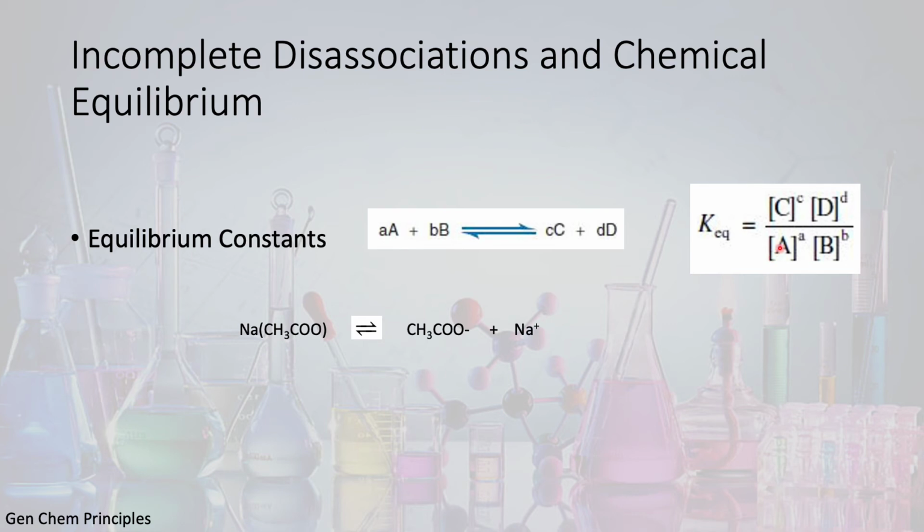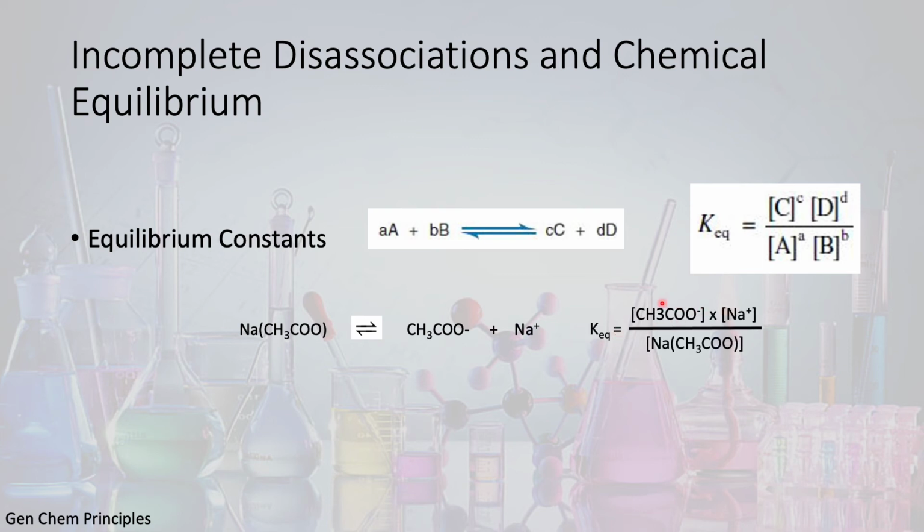And again, the same rules apply here. Our concentration of A, our reactant, in moles per liter, raised to the coefficient of its balanced chemical equation, multiplied by the concentration of B raised to its coefficient in the balanced chemical equation. So what does this look like for the dissociation of sodium acetate?